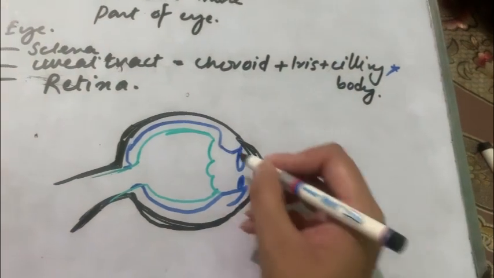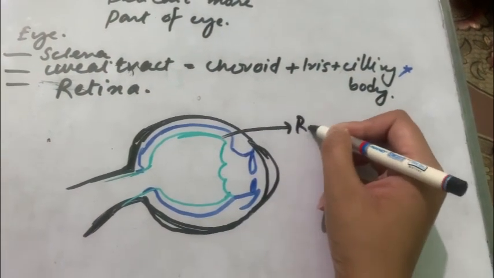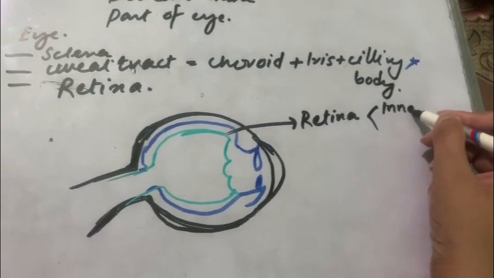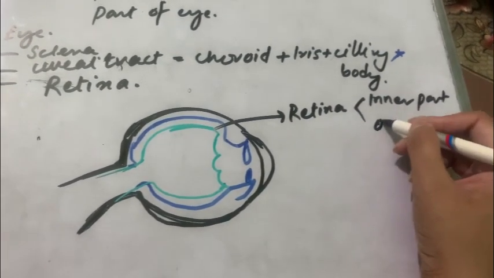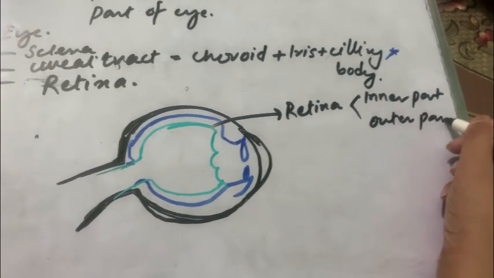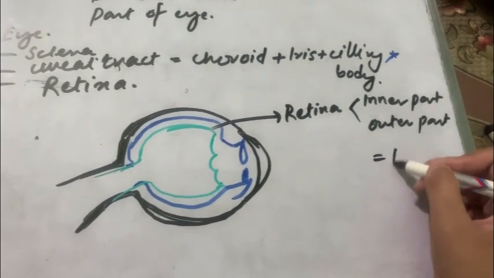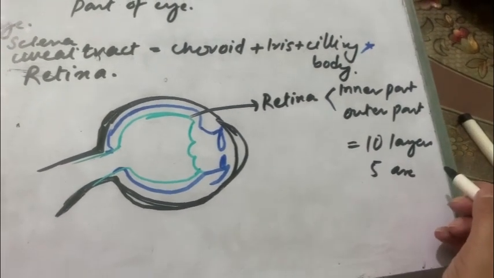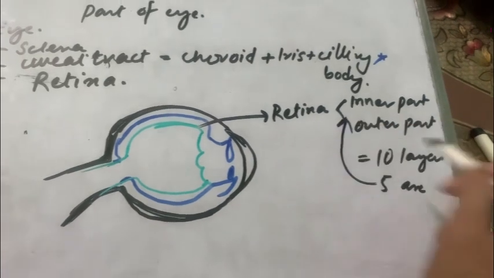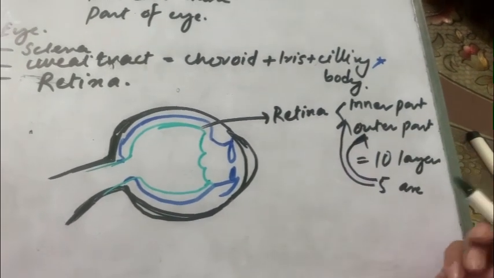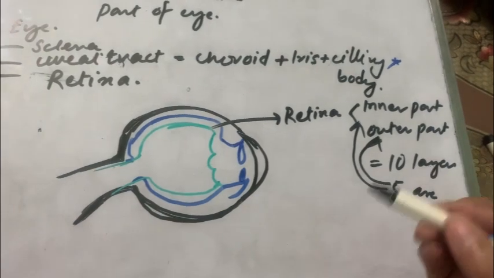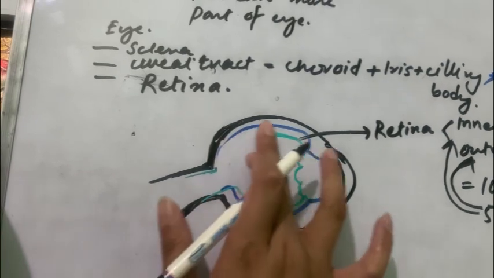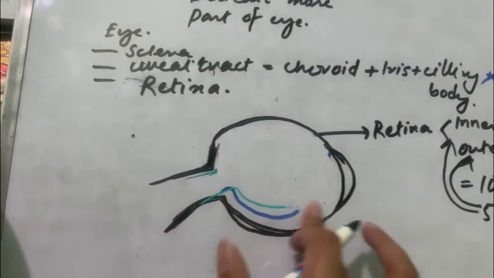Talking about only retina, we will divide it into inner part of retina and outer part. As we all know that it consists of 10 layers, so 5 are on the inner and 5 are on the outer, and I will explain it as we go forward. So let us just remove the layers and consider that we have only retina here.